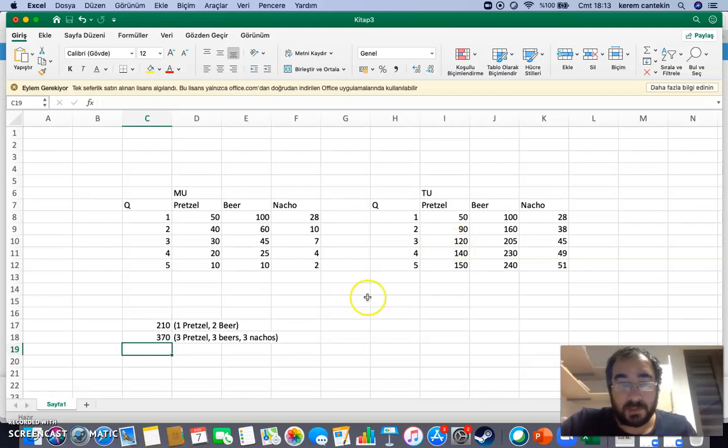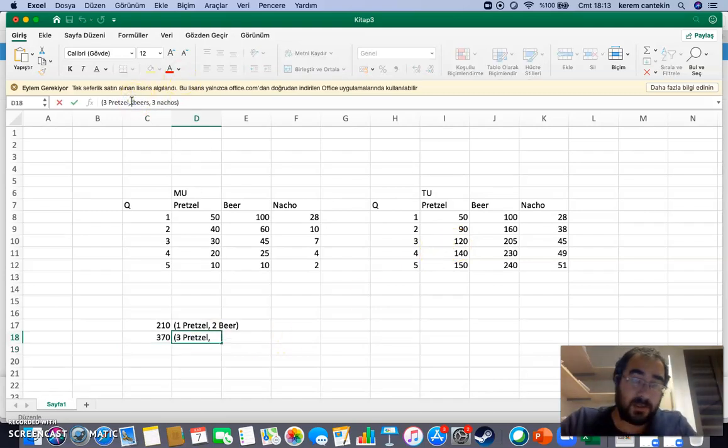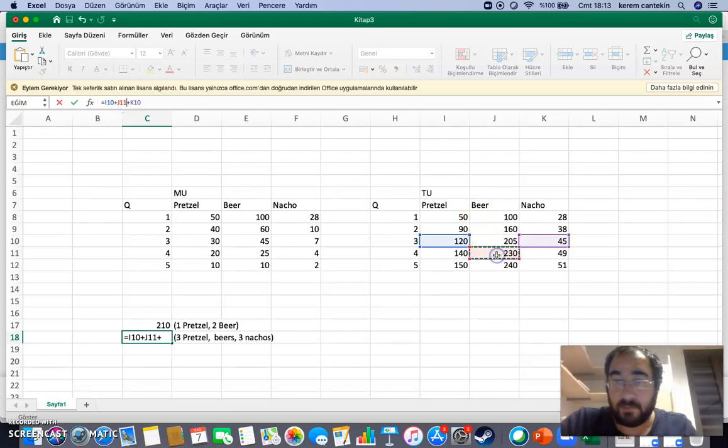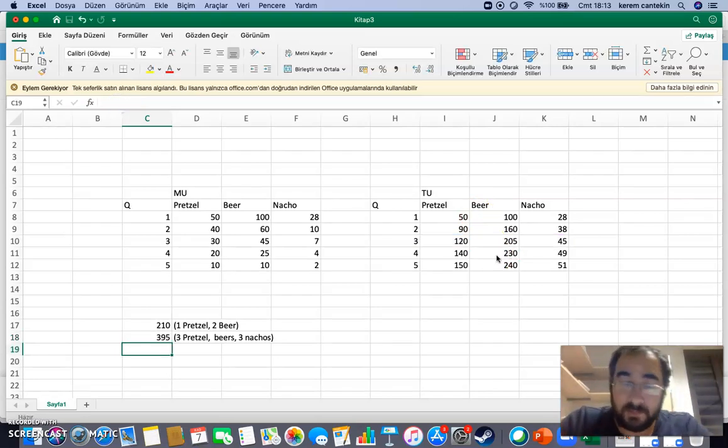If it was 3 pretzels, and for example, let's say 4 beers instead of 3 beers, now I need to have the total utility for 4 beers. So this is basically it.